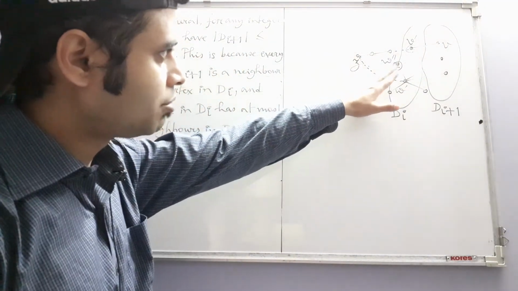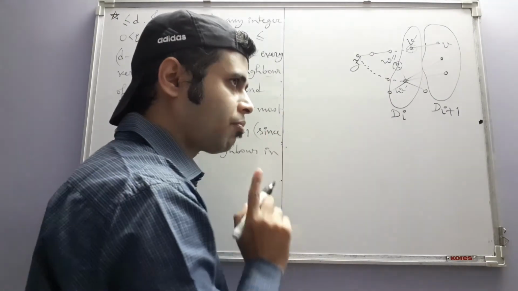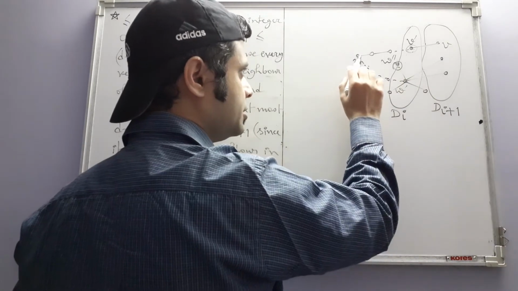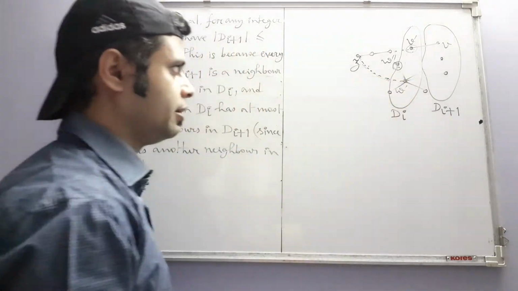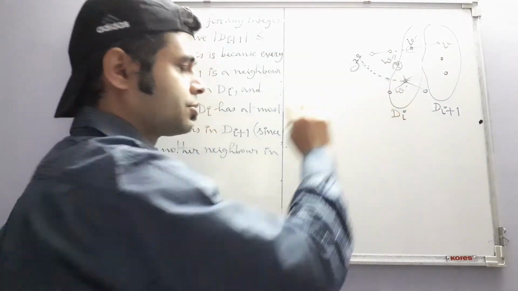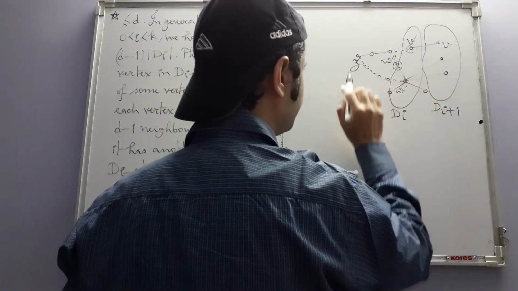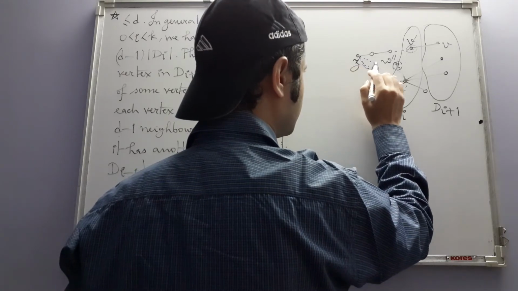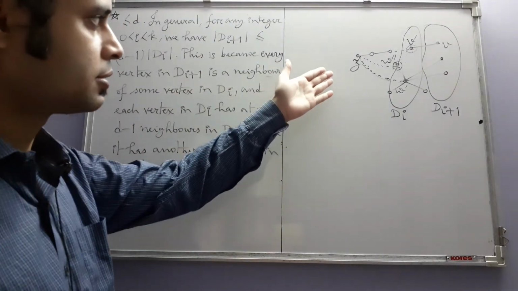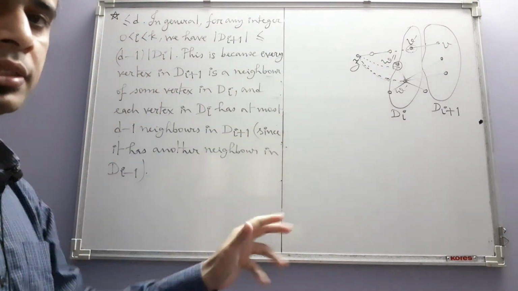This w double prime is a neighbor of w prime. Now already we have a path in the graph that joins Z and w double prime, which is this path along with this edge, and it is of length i plus 1. So that means the distance between Z and w double prime should be less than or equal to i plus 1.